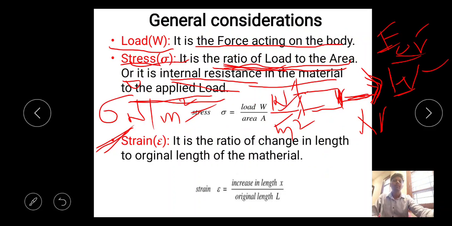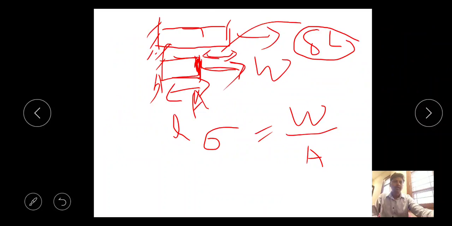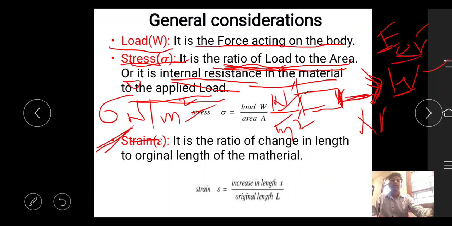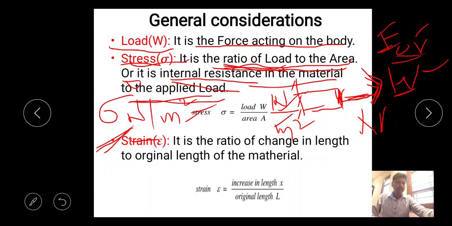Strain is nothing but the change in length, or I can take this as x also. Better I'll take this as x. This change in length is x. So what you mean by strain is the increase in length, how much increase there is, to the original length.